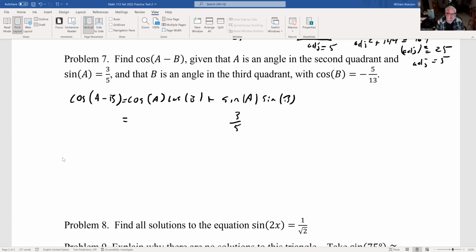Cosine B we know is minus 5/13. And what we need to know are what's cosine of A and what's sine of B.